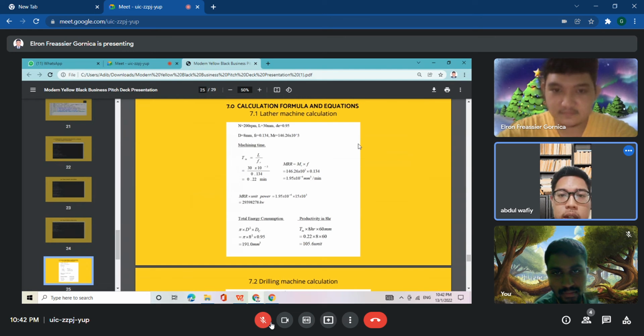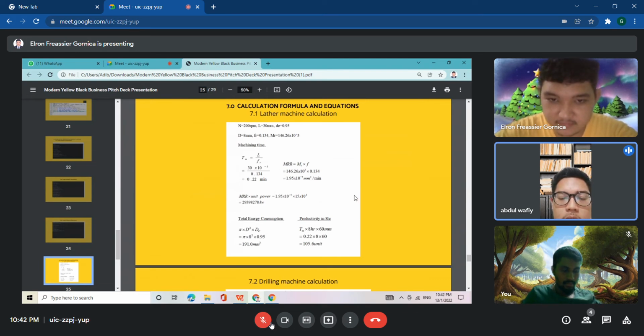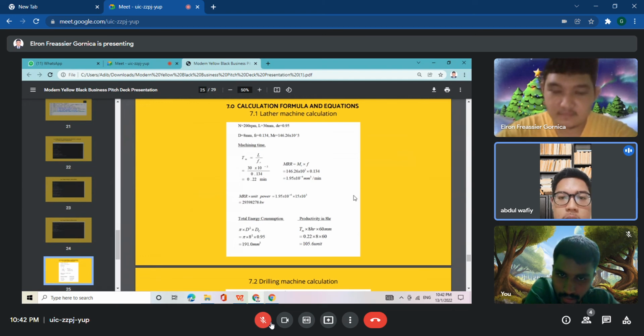First, we have the lathe machine calculation. The first process is machining time. Tm equals L over Fr. We get 0.22 minutes. For the MRR equals MR multiplied by F, we get 1.95 multiplied by 10 power of negative 4.